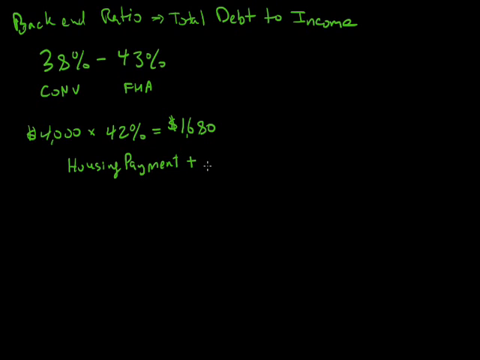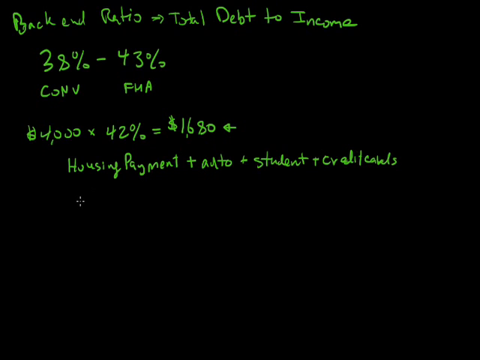These are the monthly minimum payments that come up on your credit report. So if you have auto loans, student loans, credit cards, anything that's on credit cannot add up to more than $1,680.